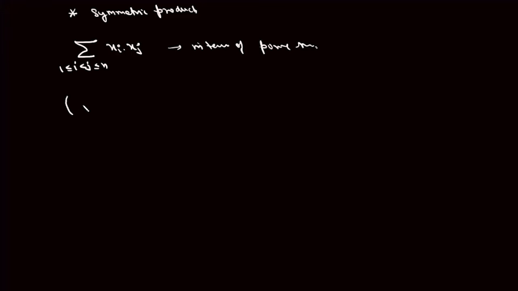Now what we do is we start with the square of the sum. So we'll take this summation xi where i varies from 1 to n, whole square.